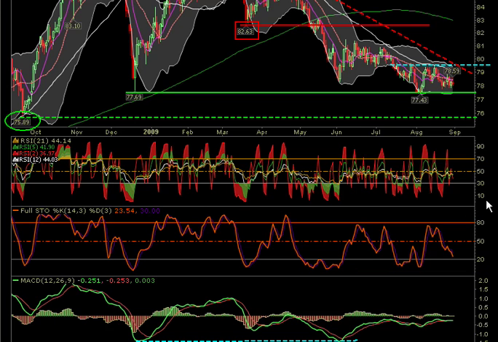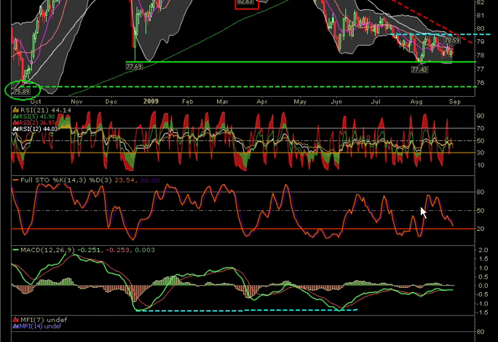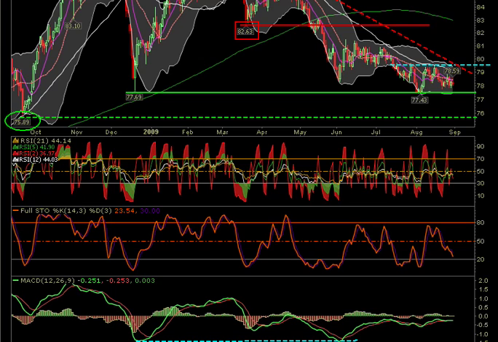And then the MACD is still hanging in there, which is good to see, but price is king, and price continues to fall. So it's one of those things where, yeah, this looks good, yeah, it's technically in an uptrend, but the price isn't reflecting that. The one good thing is we are in a positive divergence here, meaning the price is going sideways, but this is trending upward, so that's a possible light at the end of the tunnel.